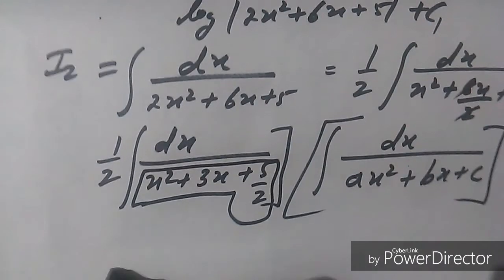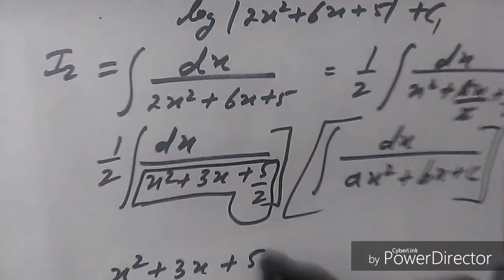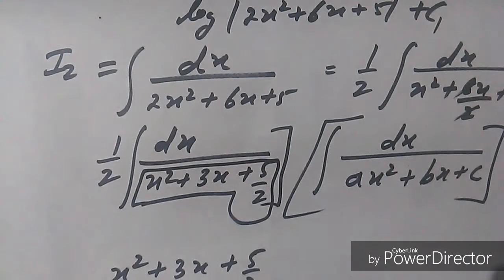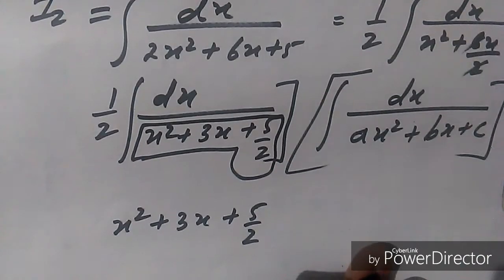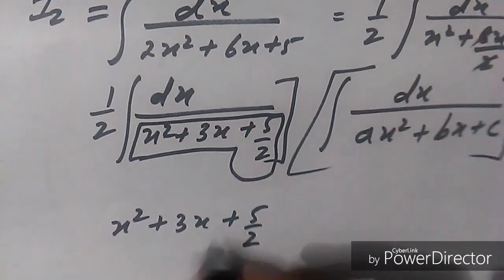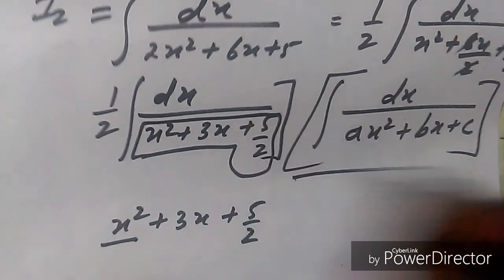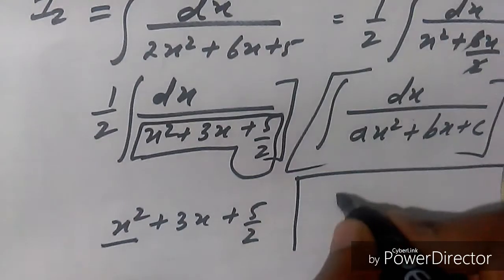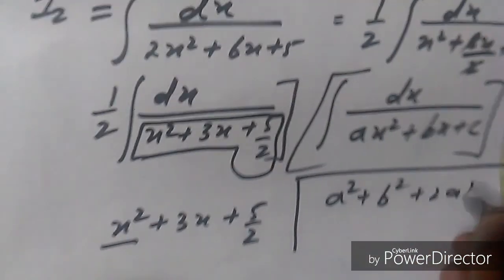First of all, that is x square plus 3x plus 5 by 2, and I told you in the previous video that we find it by the rule of a square plus b square plus 2ab.